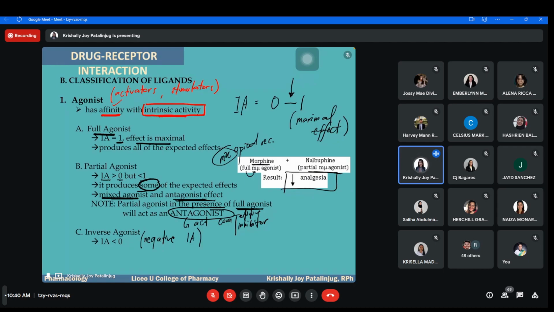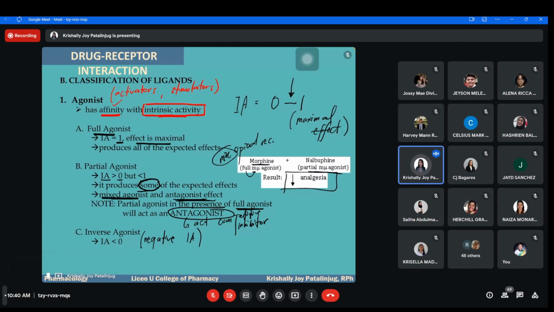But it doesn't mean na kapag negative intrinsic activity, wala talagang intrinsic activity. Kung sa graph, di ba may negative part yung graph. So, negative values is not equivalent to 0. Okay, so may positive and may negative. So yung inverse agonist, yung activity niya sa receptor would be negative intrinsic activity.